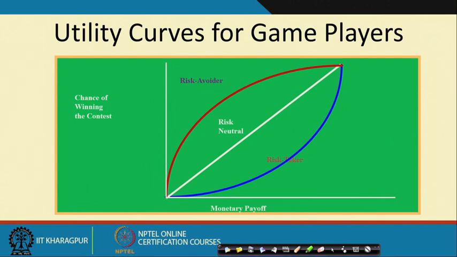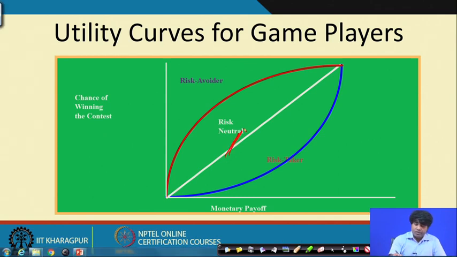Technically, if you connect with utility theory corresponding to decision analytics, there are 3 different behaviors. The line which we have here is called risk neutral, and this is the risk takers, that is the convexity of the particular utility function, and the risk avoider is the concavity of the particular utility function.